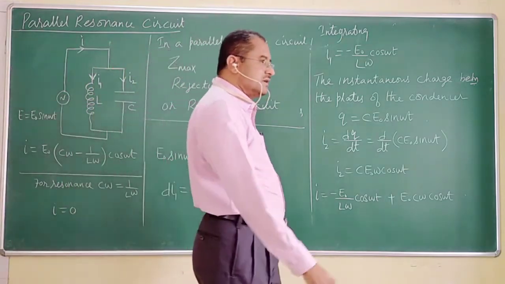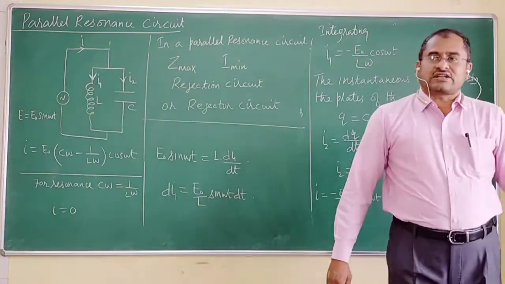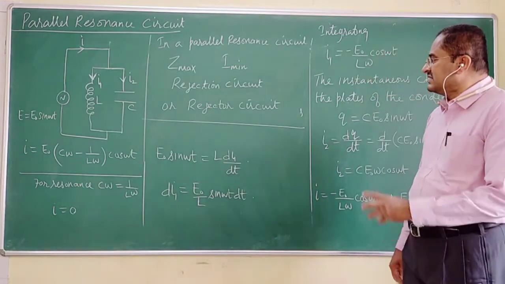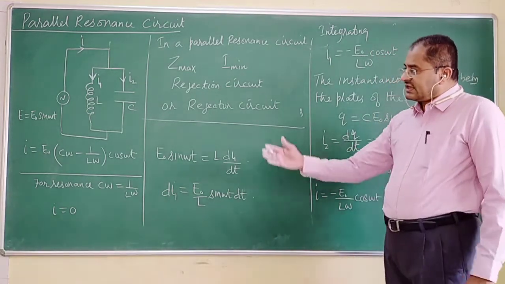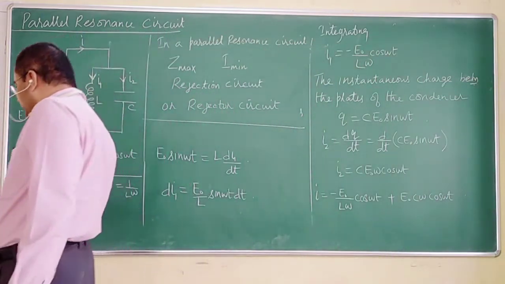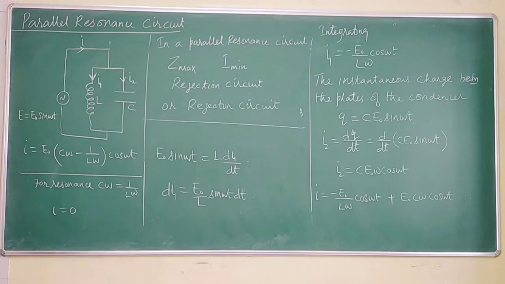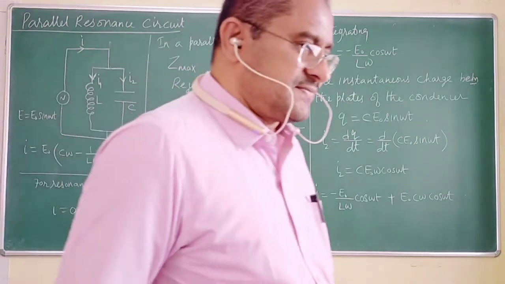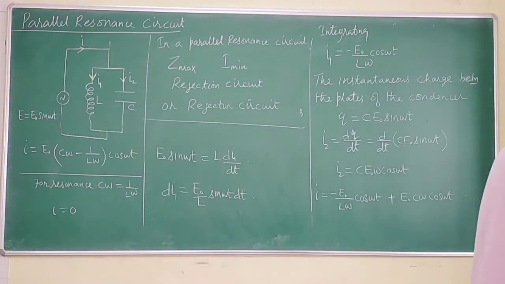And why is it called a rejector circuit? I have told you here very clearly. In a parallel resonant circuit, we find the total current flowing through the circuit at all instants is 0, even though currents are flowing through inductance and resistance. And hence, such a circuit, we call it a rejector circuit.